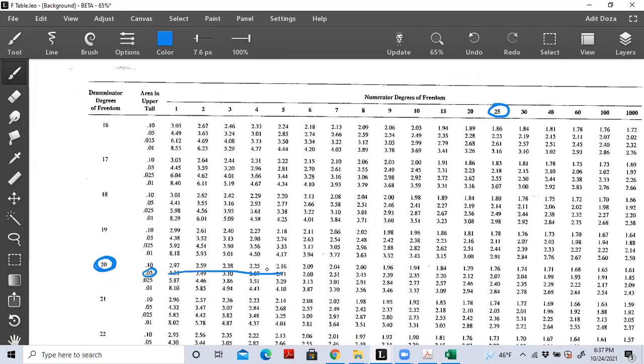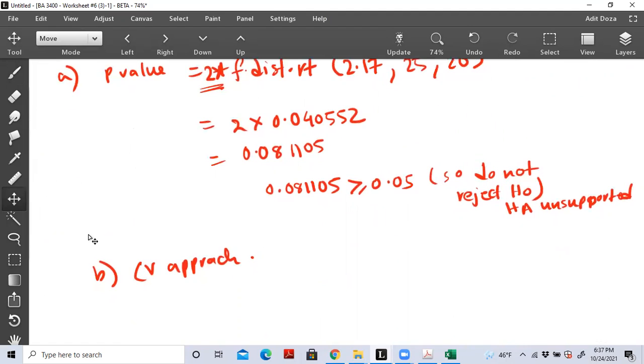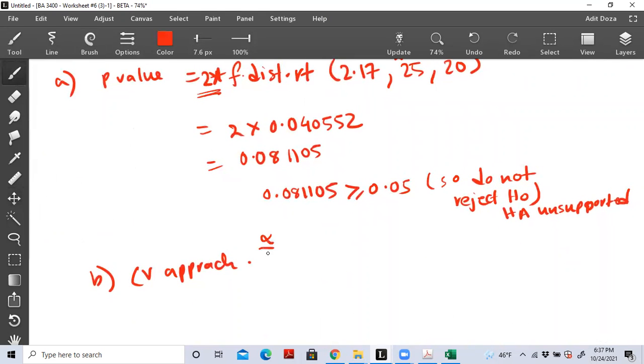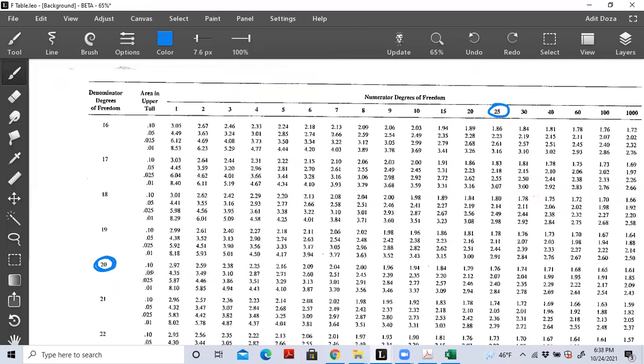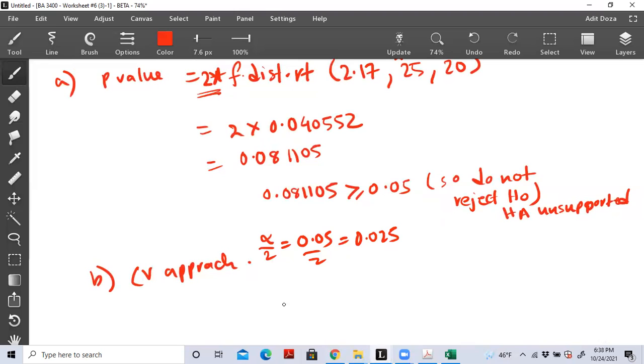But the thing is, we have to divide it by 2, right? Because it's two-tailed. So it should be 0.025. I always forget this one. Yep. See, even if I'm not careful, I can make the mistake. So it shouldn't be this one. It should be this one. So 2.40, right?